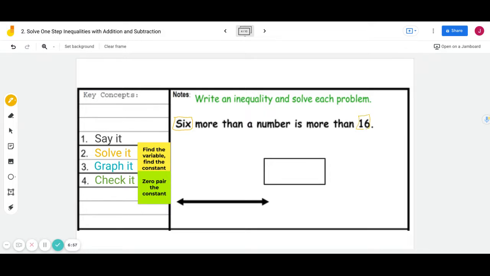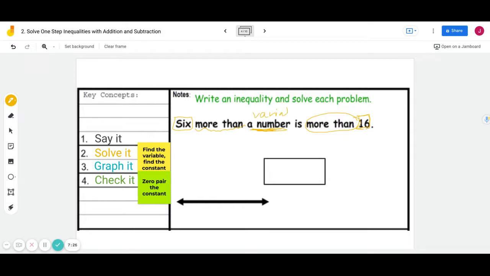Neither of them is the target number because this is an inequality, so we have to solve it first. And then we have this more than and this more than. Now, they actually mean different things. One is the inequality, and one tells us our operator. And when we say a number, that's our variable.